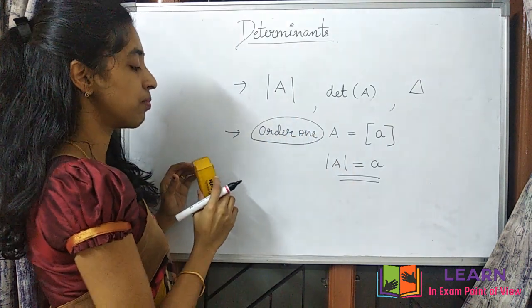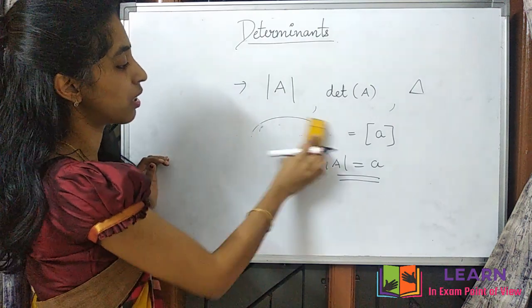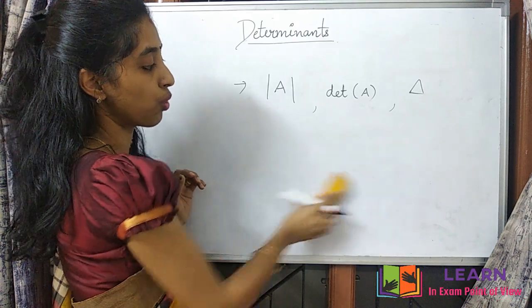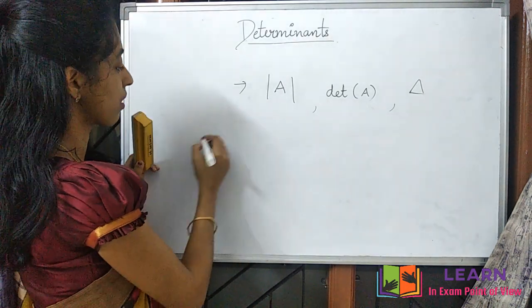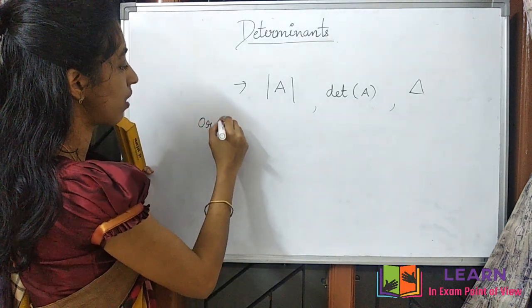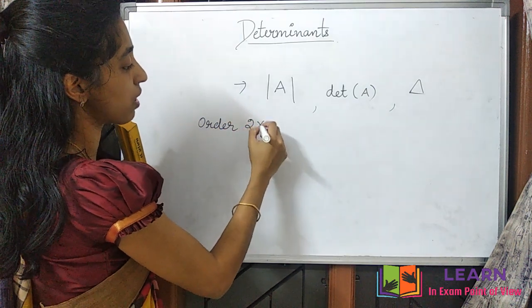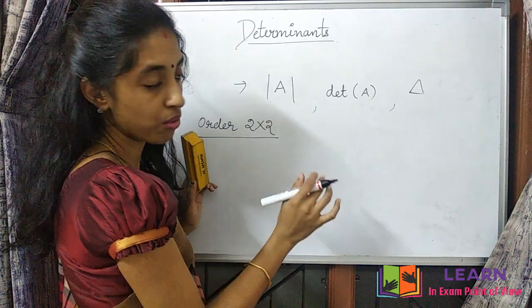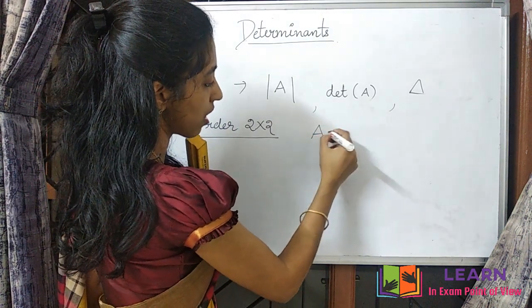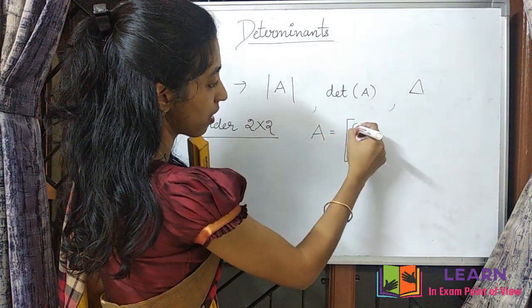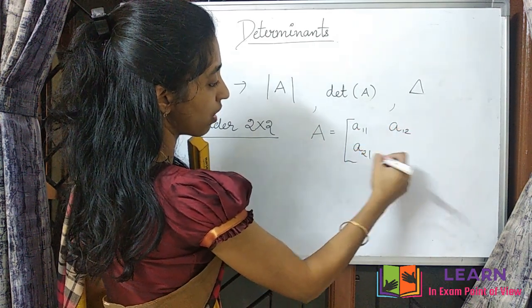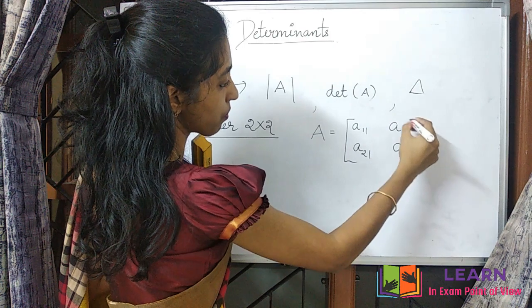Then next, what will be the determinant of a square matrix of order 2? It is a 2 by 2 matrix, a square matrix with 2 rows and 2 columns. So the matrix A you can denote as a11, a12, a21 and a22.